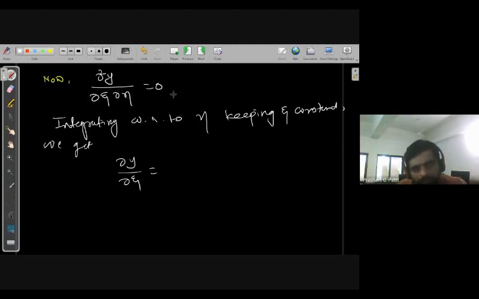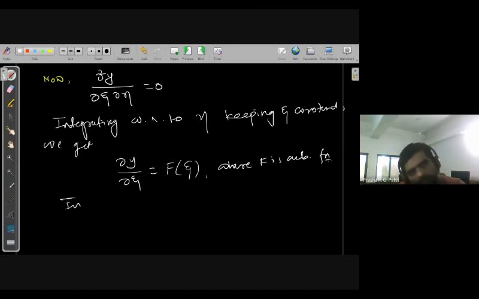Let's say that function is f of xi, because xi we have kept as constant, so that constant may be a function of xi, where f is an arbitrary function.